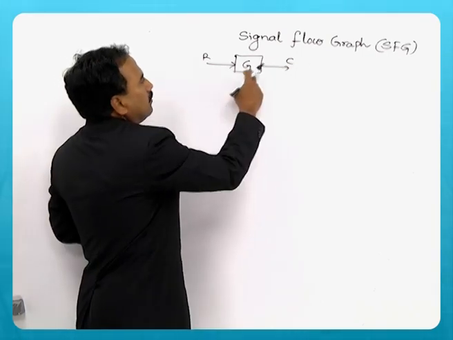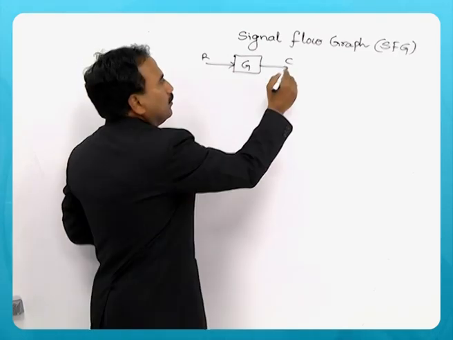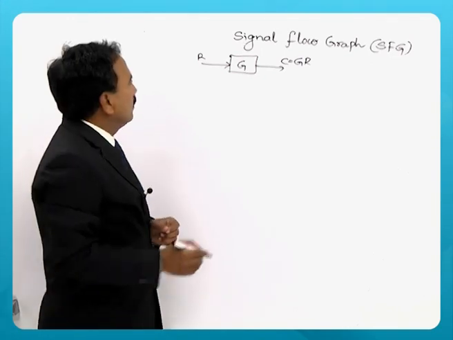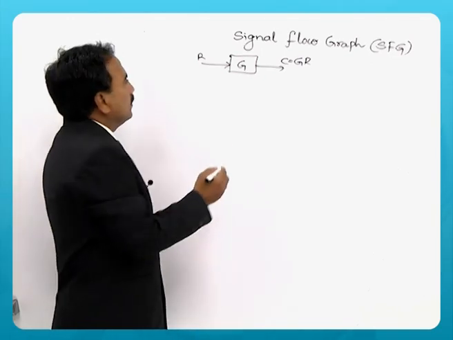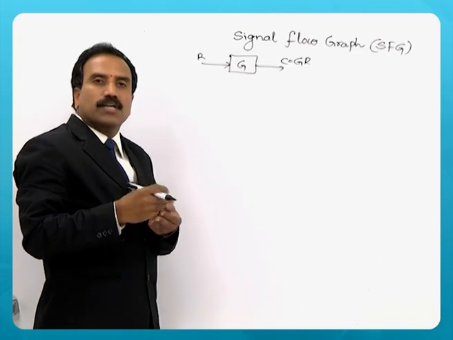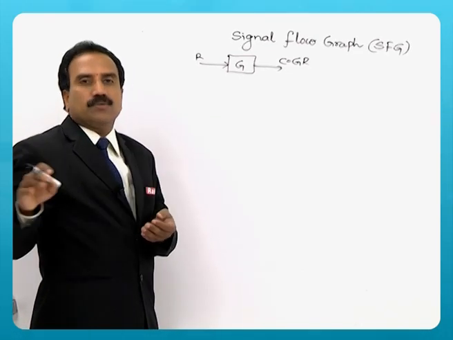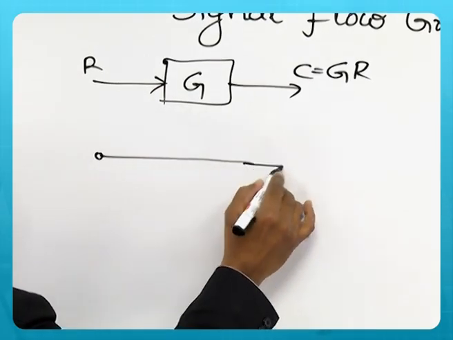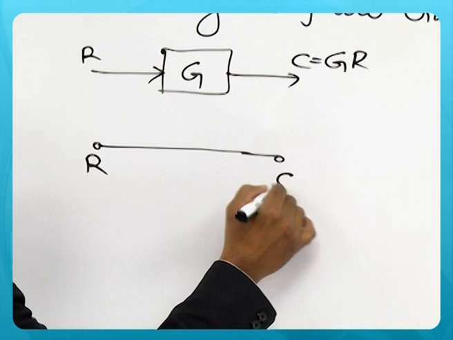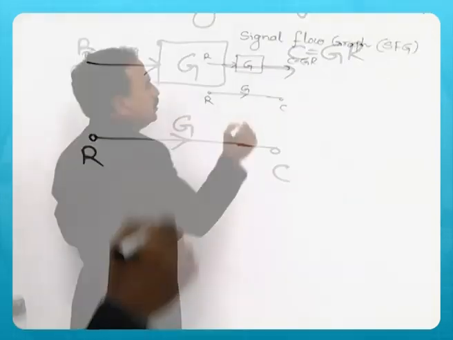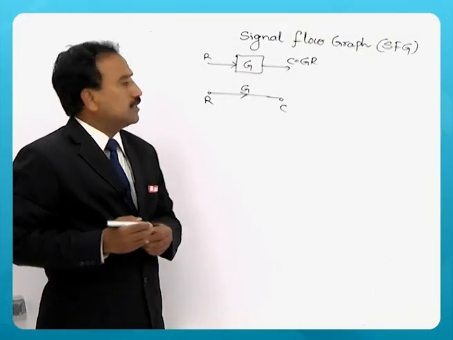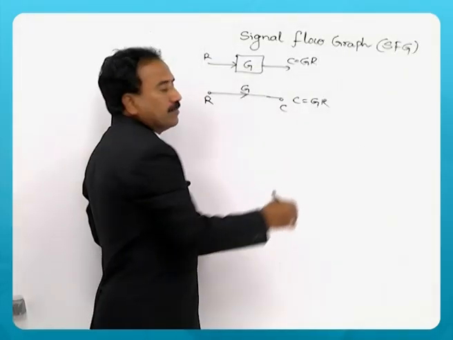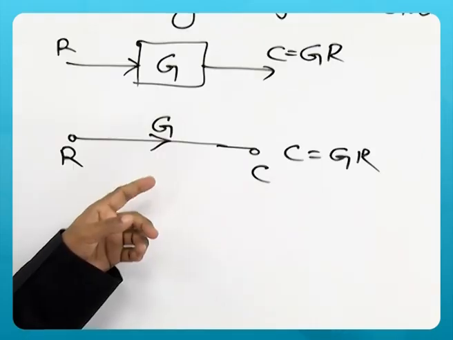So C is equal to G times R. Now, in the case of signal flow graph, you will not find any blocks, any summing points. It has only arrows. So this same one you can represent as R, C with an arrow, G is the gain of that particular path. So output here also C is equal to G times R.